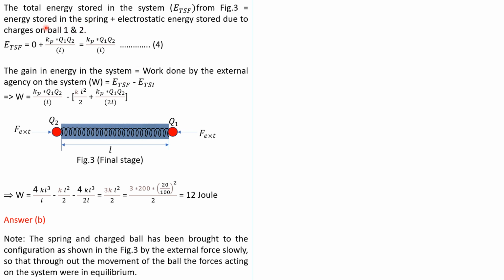This will be equal to the energy stored in the spring, but that will be 0 because there is no compression or elongation in the spring, so no energy is stored in the spring. And because of the gap between Q1 and Q2, which is separated by L, the electrostatic energy will be K subscript P into Q1 into Q2 divided by L.